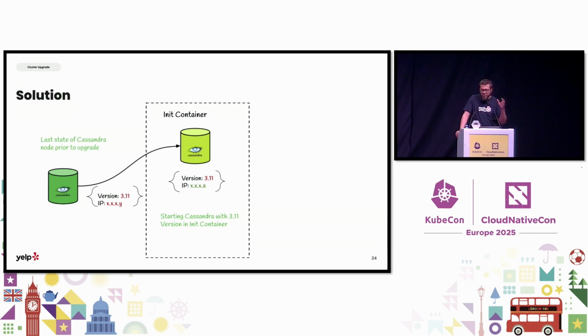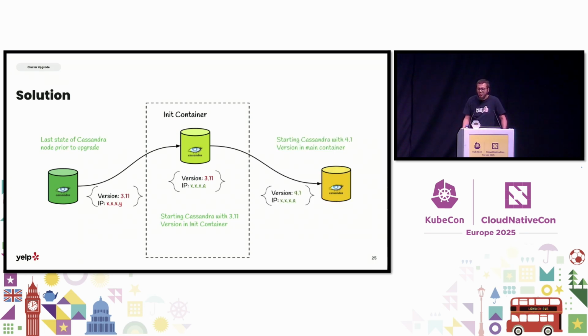However, here we start Cassandra first with the older 3.11 version in the init container, so that the peers can recognize that this new IP is replacing the older one. So only one of the attributes gets changed. We wait here till the Cassandra node is ready to serve traffic, and then we gracefully terminate this workload and exit the init container.